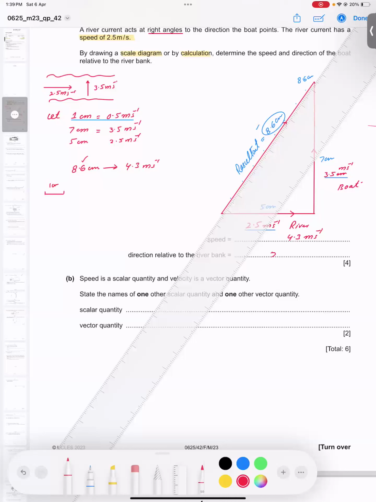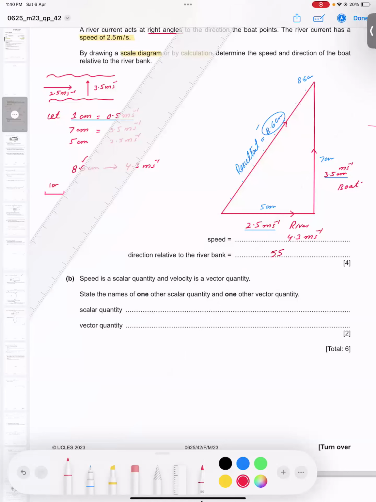So I will write here angle 55, because I need to calculate this angle relative to the river velocity. So this direction relative to the river is equal to 55 degrees. This is one way to tackle this question, by scale diagram.